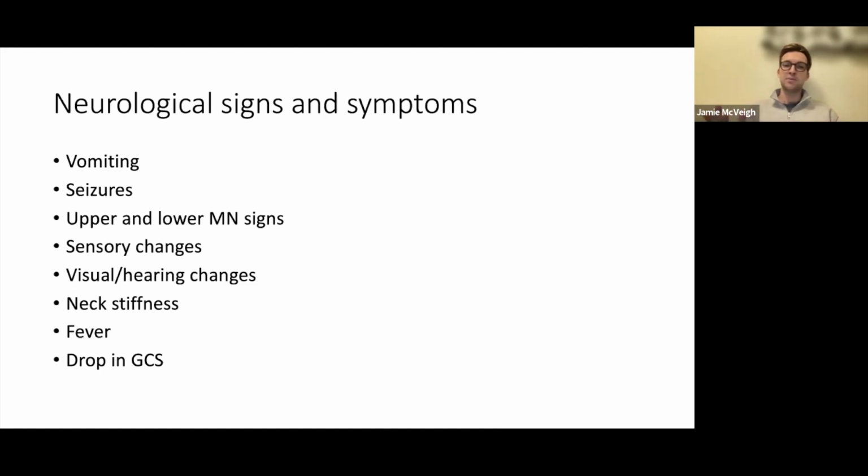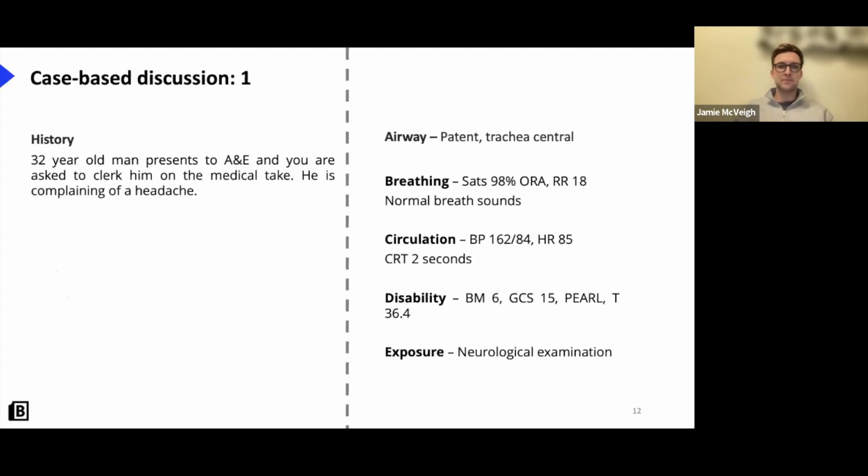So sensory losses, any trouble with their motor function in their legs, in their arms, in their face, any problems with the bladder or bowels, and then symptoms of meningism as well, and obviously being febrile to think about infectious causes, and their level of alertness. Has their GCS dropped, and has there been any trauma recently, because that's also very important.